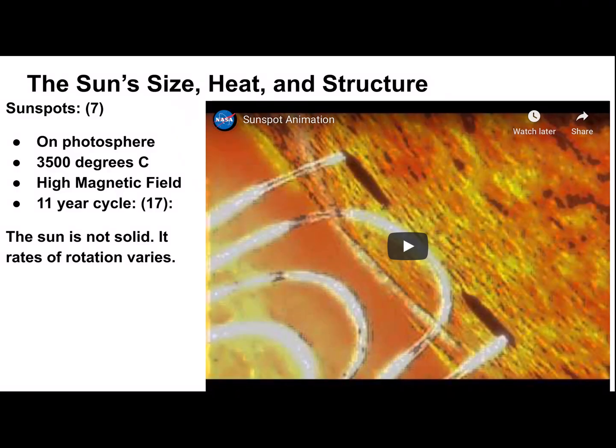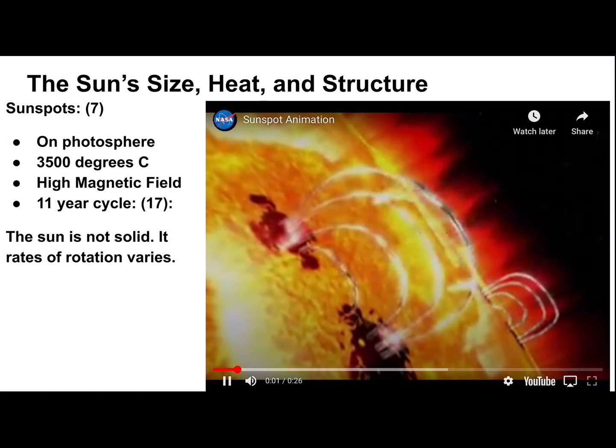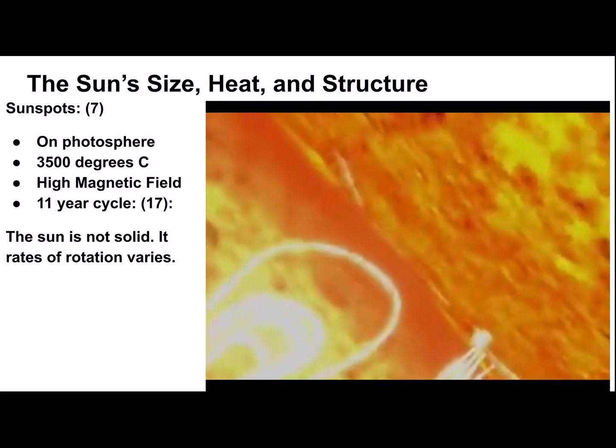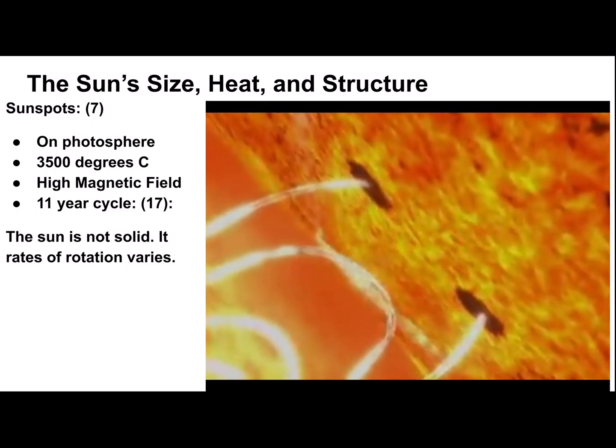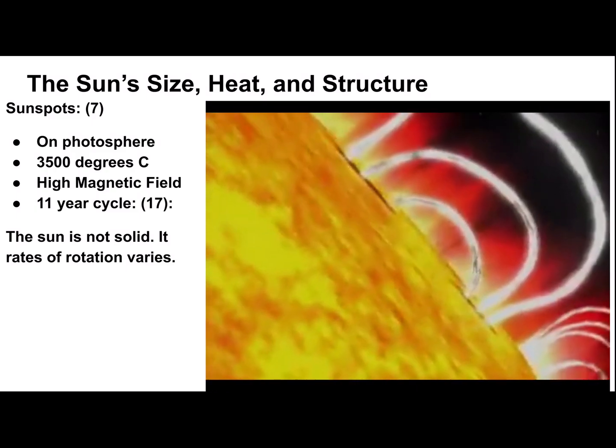Okay, so we have the sun's size, heat, and structure. So as you can see, the photosphere is 3,500 degrees Celsius.